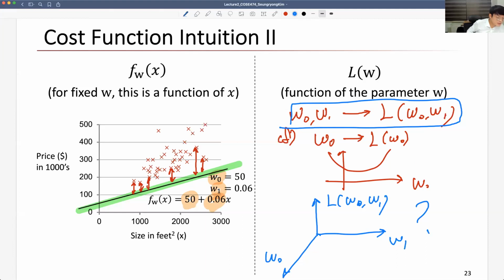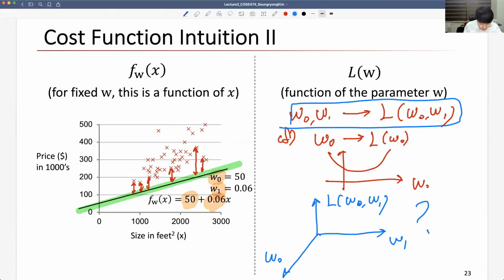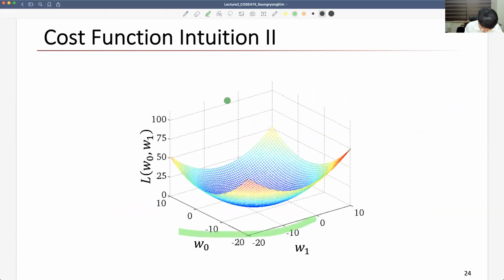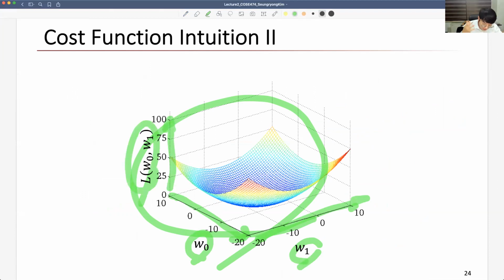To represent this one, we generally introduce contour plots, which look like this. If we draw this curve in the 3D domain, it looks like this. The x-axis means W0, the y-axis means W1, and the z-axis means the cost of W0 and W1.